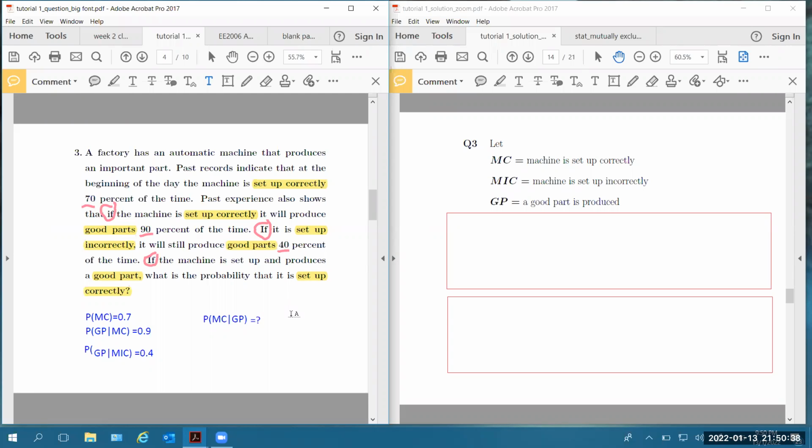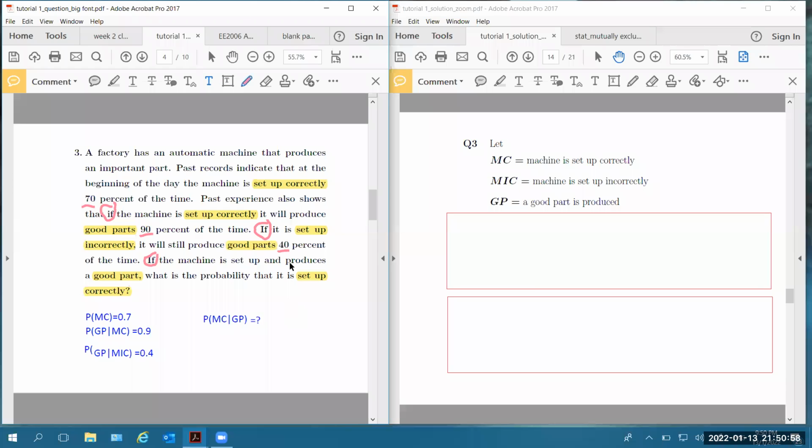So everybody okay here? Sorry, because the N, right? Why is it not intersect? If the machine is set up and produces a good part.